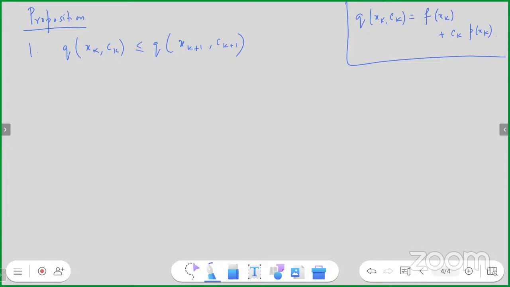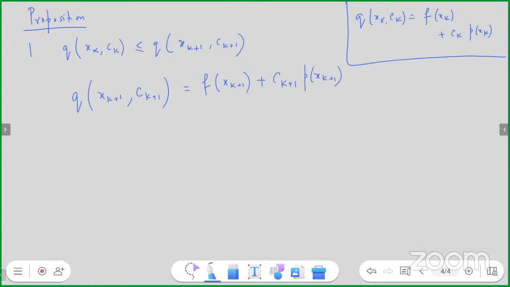So let's write it: x of k plus 1, c of k plus 1. What is it by definition? Just f of x k plus 1 plus c k plus 1 p of x k plus 1.